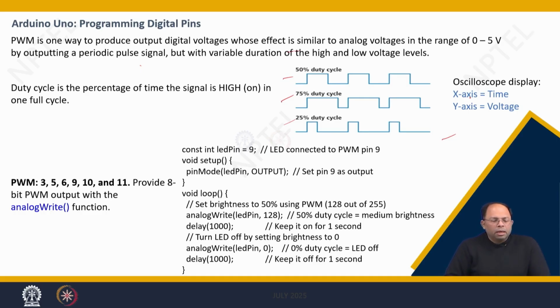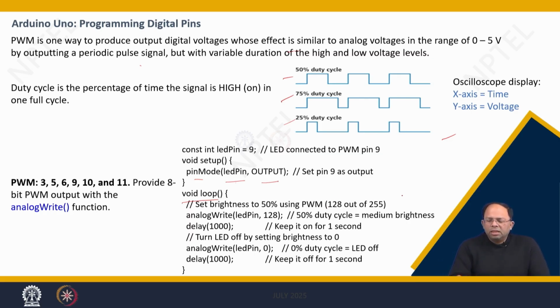So here what we are defining is const int ledPin equal to 9, and in the setup, pinMode ledPin, which is the name of that variable, that is 9, of course, is set as OUTPUT. Then in the void loop function, we are saying we want a brightness of 50%, right? Now for the PWM signal, it could be a series of bits that we can send.